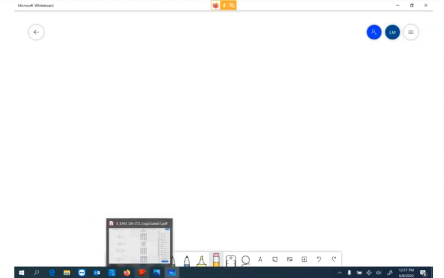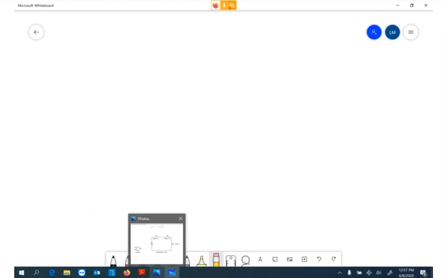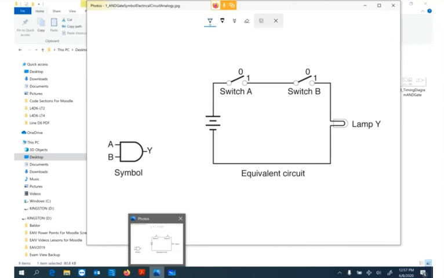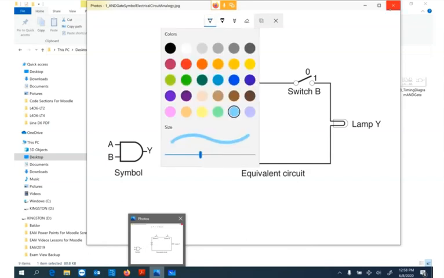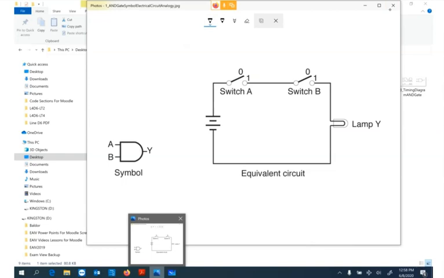So the Boolean expression is, change color to black, A, B equals Y. Now it looks like a multiply, but it's not. It's just A and B equals Y. So that's what we call a Boolean expression.